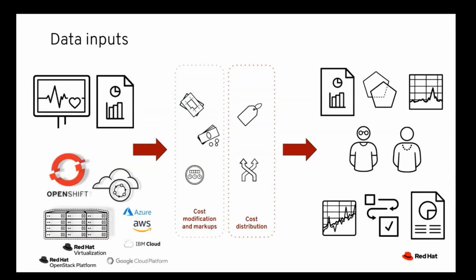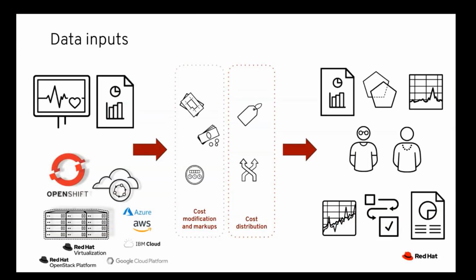So we modify the cost, add new things, add markups, so you get closer to the real cost modeling, and you can use that information to make your decision. And then we distribute the cost using tags, so you can have your business level application cost, or you can have your project, your node cost, and you understand exactly what is the real cost of running your application, independently of whether your application is running in one or several clusters, several projects.